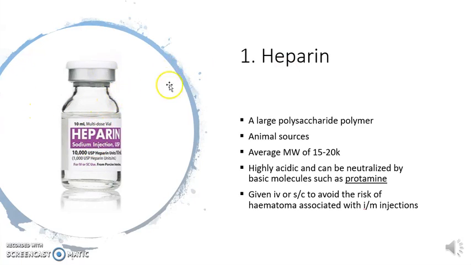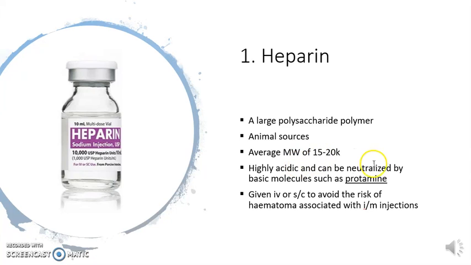So we'll start with the first drug, which is heparin, a large polysaccharide polymer, usually taken from animal sources. It has a large size with an average molecular weight of 15 to 20,000 daltons, and it's highly acidic.